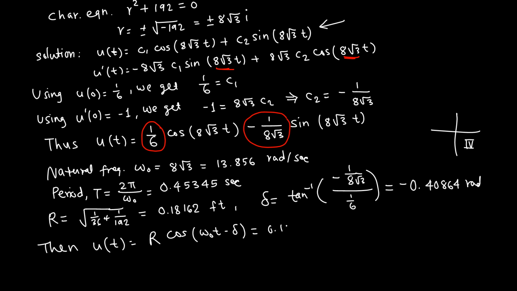That's 0.18162 cosine omega naught we found here, 8√3 t, minus delta, which is negative, so this will be plus 0.40864. Final.